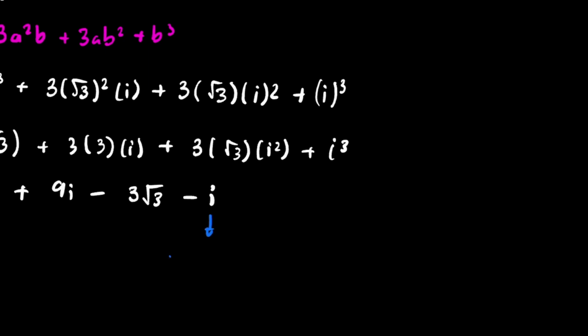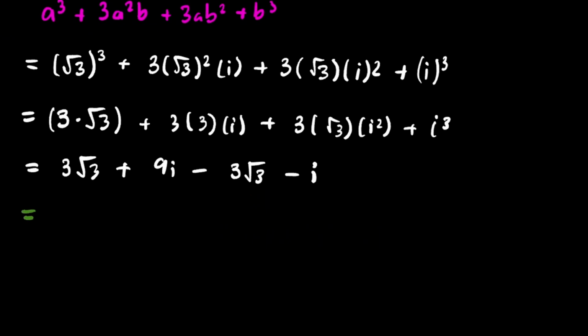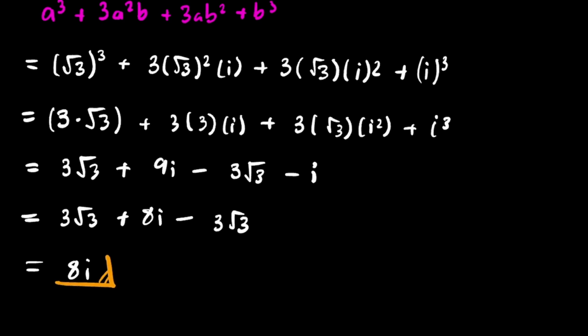Because I squared times I is I cubed, which is minus 1 times I, so it's going to be minus I. So we continue on: 3 square root of 3 plus 8I minus 3. So at the end of the day, we only have 8I. And that's a result. Simple.